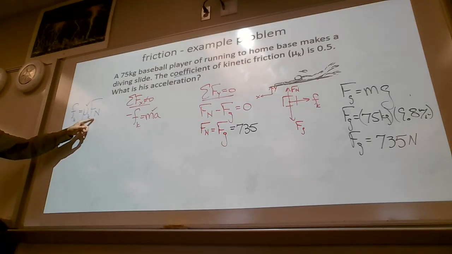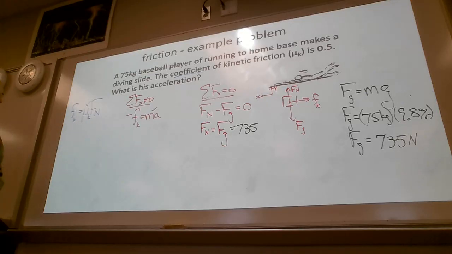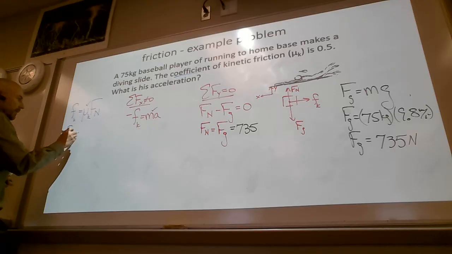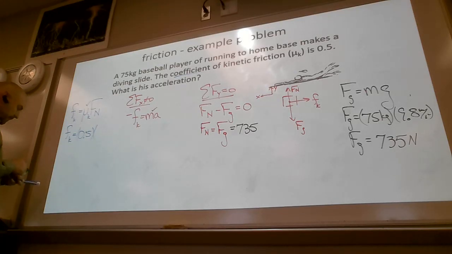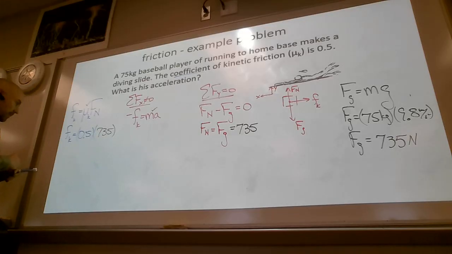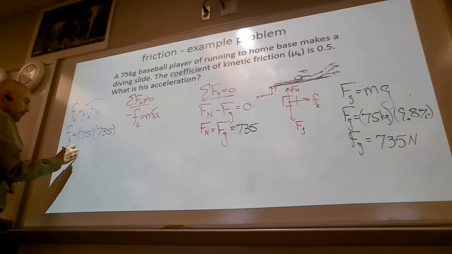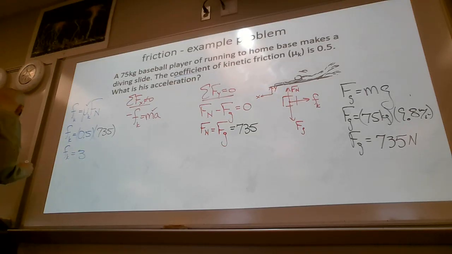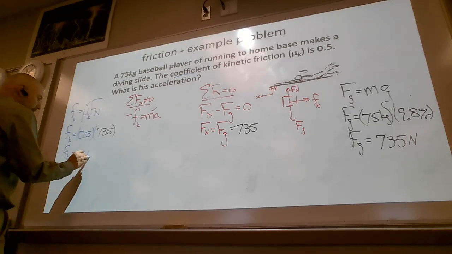I can put it over here. So I've got kinetic friction is equal to 0.5 times 735. So friction is going to be equal to 367.5.